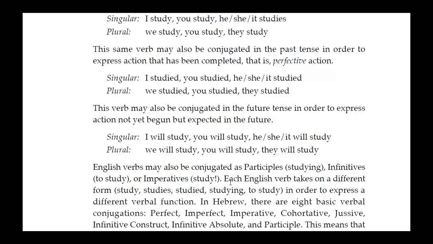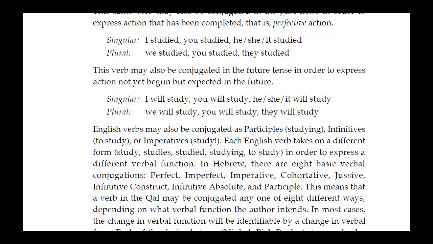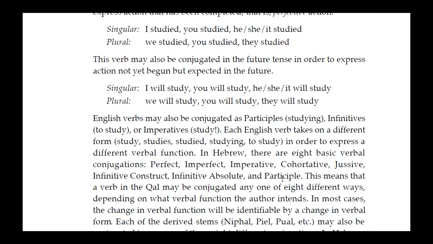Each English verb takes on a different form: study, studies, studied, studying, and to study, in order to express a different verbal function. That's important to know. That's what you call the conjugations.